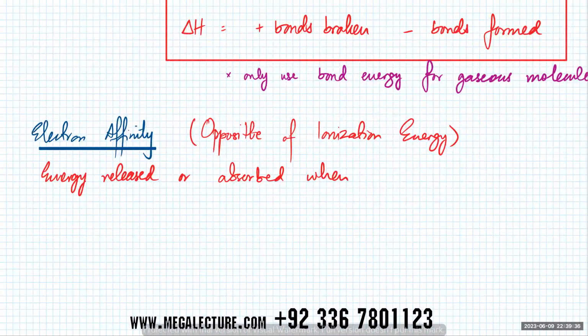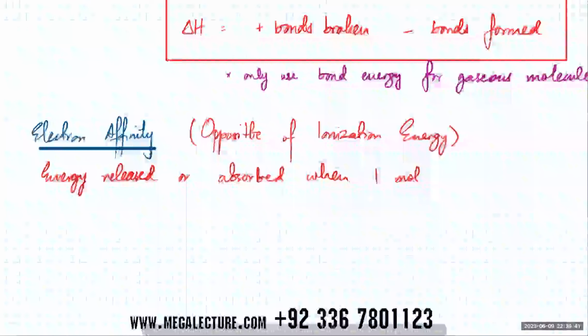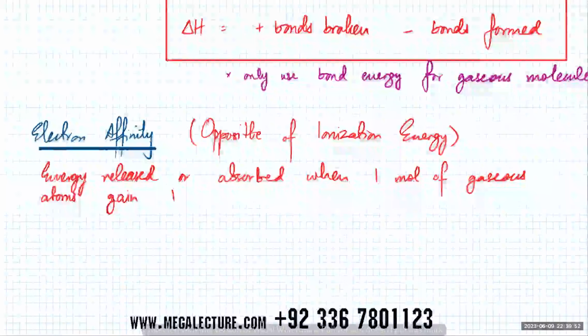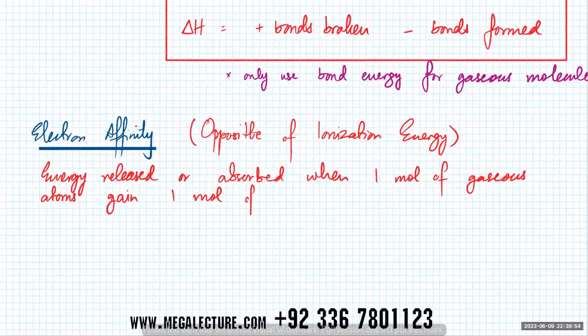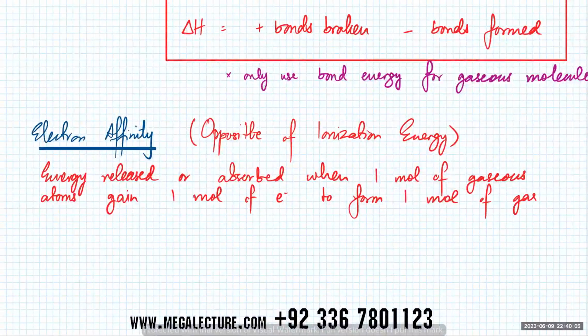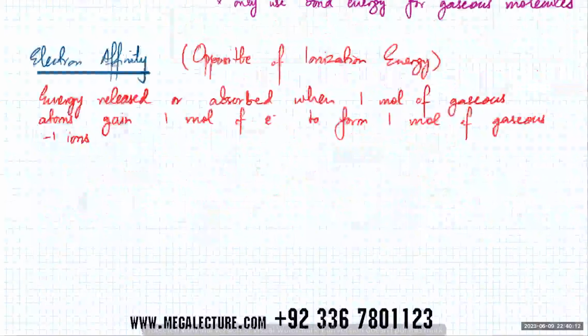When what happens when 1 mole of gaseous atoms gain electrons to form 1 mole of gaseous -1 ions. So that's what electron affinity is.